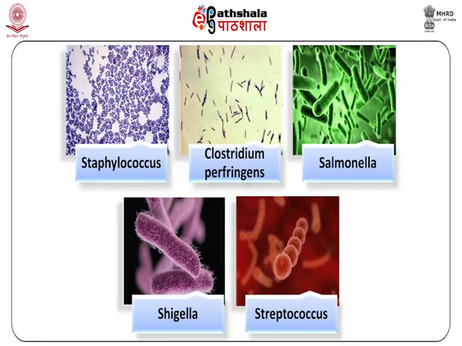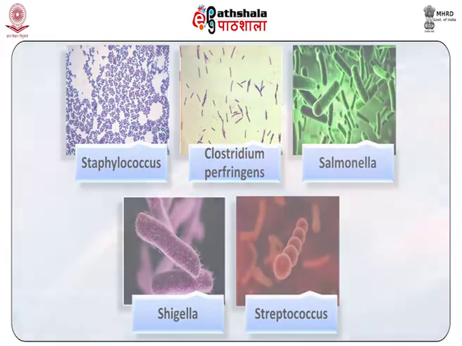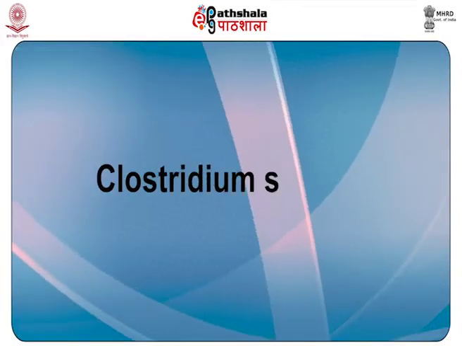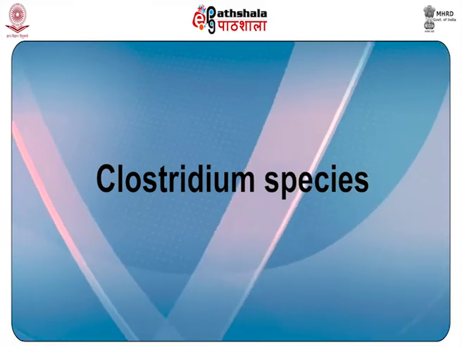Bacterial food poisoning is most frequently caused by Staphylococcus, followed by Clostridium perfringens, Salmonella, Shigella and Streptococcus in descending order of frequency. Starting with the first, we have the Clostridium species.